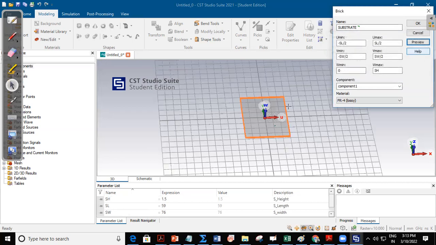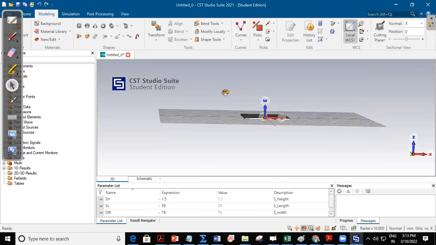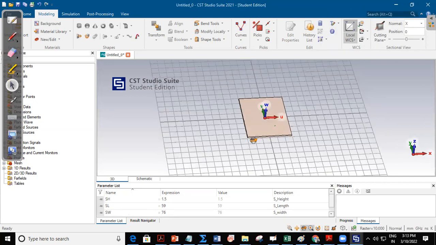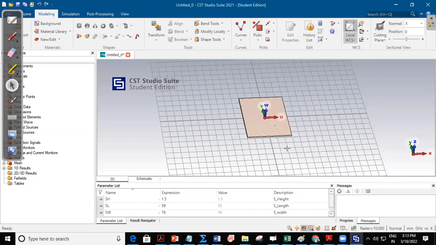With this, you can see a structure appearing here with a thickness of 1.5. Now I press OK. If you see the structure now from the plane, there is a thickness of 1.5, and the brick of dielectric, insulating material is ready.